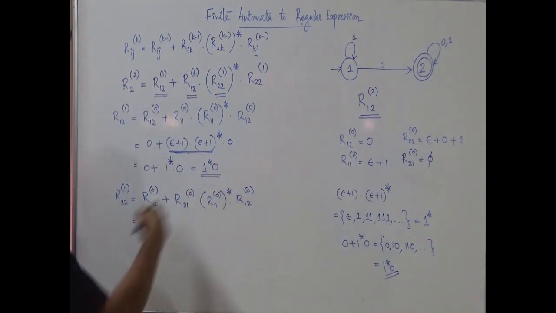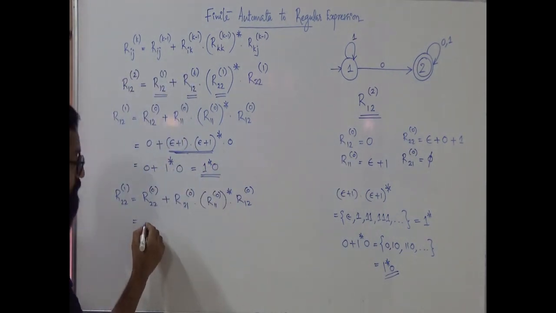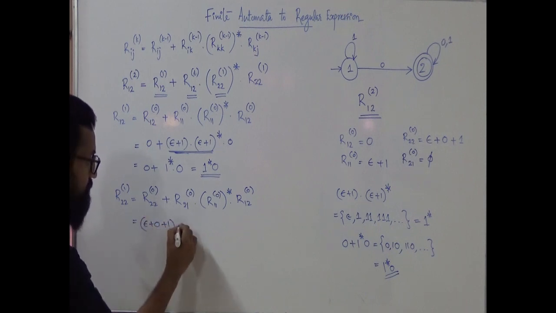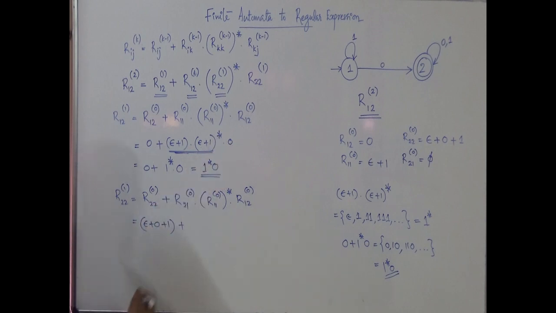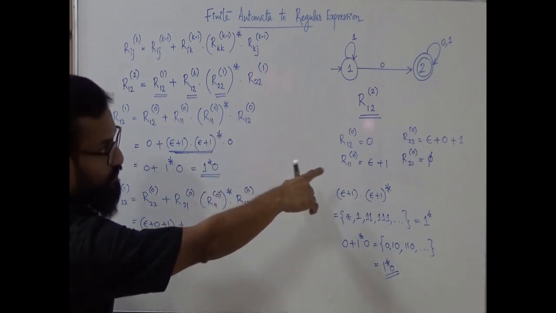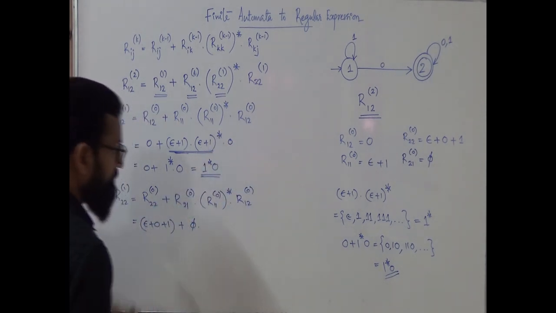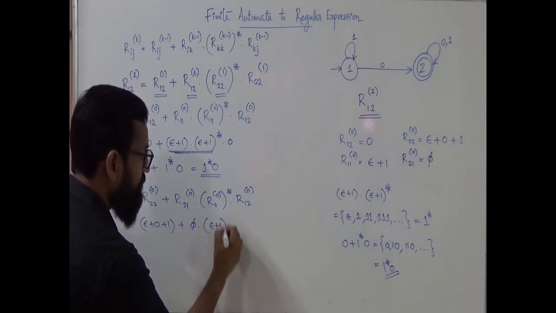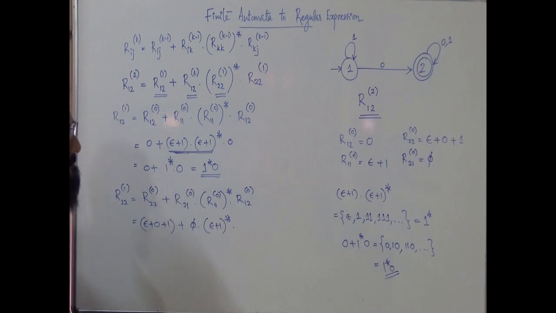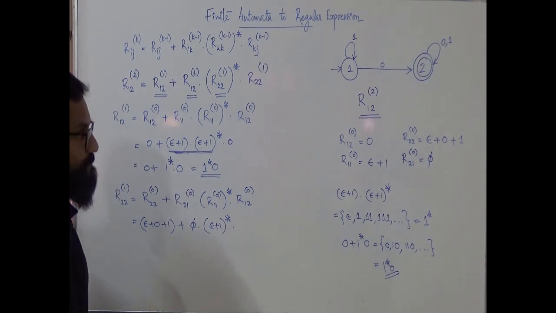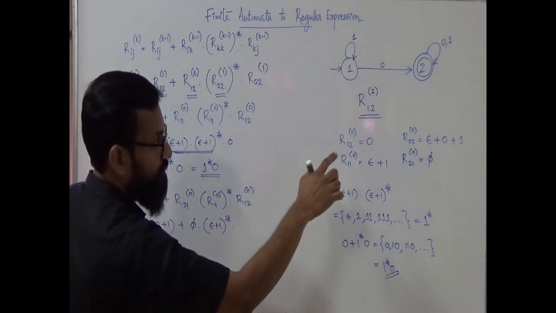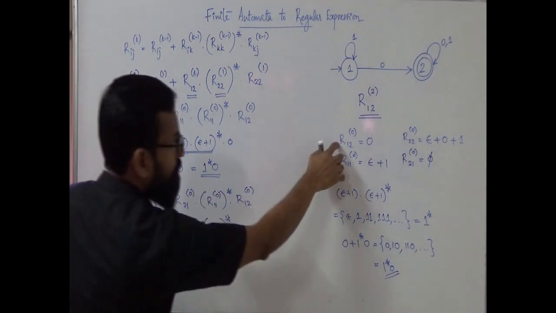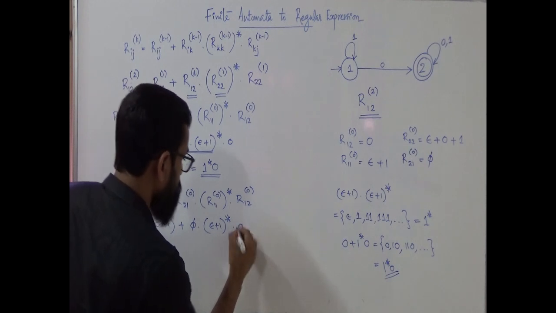R11^0 is in our hand, then R12^0, that is also here. Now substitute this. This will be equal to epsilon or 0 or 1, that is R22^0, R21^0, that is null set, concatenated with R11^0, which is epsilon or 1, Kleene closure, concatenated with R12^0, that is 0.